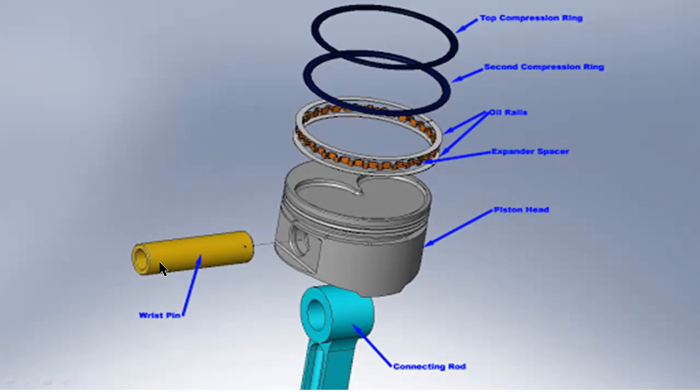By using this piston pin, or gudgeon pin, also called a wrist pin, we are connecting this piston and connecting rod. These oil rings and compression rings are used to seal the cylinder in order to prevent the leakage of gases.